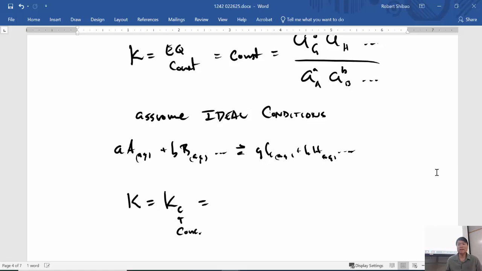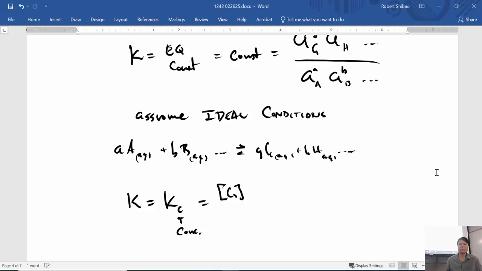And here, we can't use moles unless the stoichiometric coefficients are the same on both sides, and the units cancel. If the stoichiometric coefficients are the same on both sides, then we could use moles, but otherwise we have to use molarity. And so if we assume ideal conditions, then for Kc, the activity is just going to be the molar concentration.